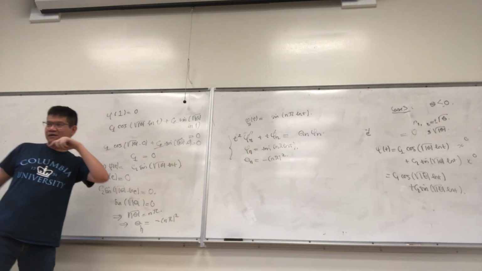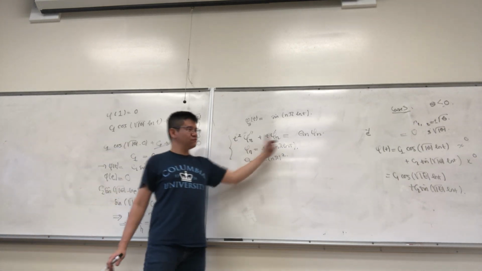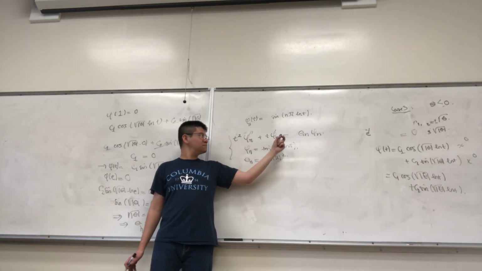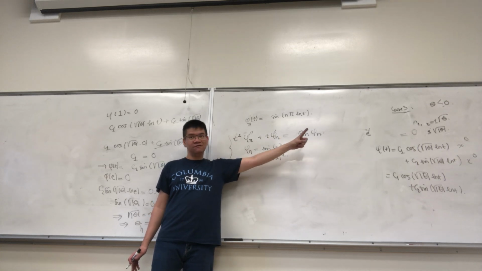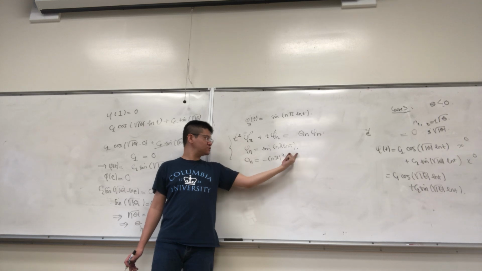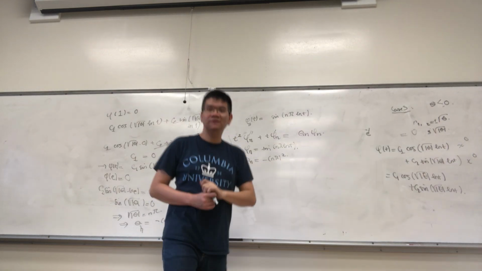So far we solved this equation, and we found that phi n is sine n pi log t, and theta n is minus n pi squared, right?